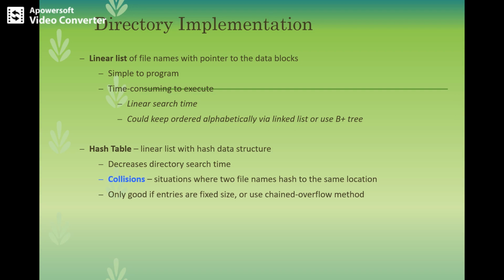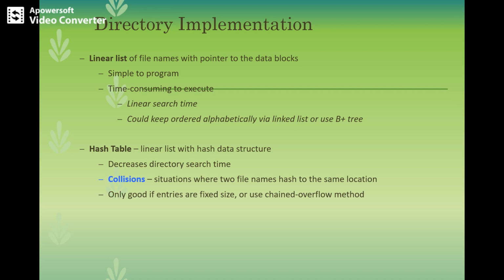So in this kind of data structure, we are using a linear list which stores directory entries but has a hash data structure. Okay, together with the linear list we have also got a hash data structure, and this hash table takes the value computed from the file name and returns the pointer to the file name in the linear list.